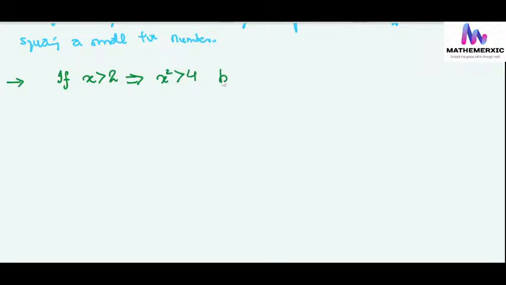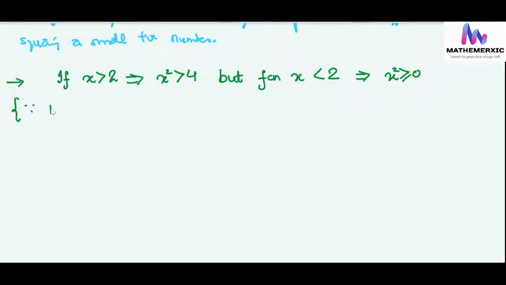But for x less than 2, then x square is greater than or equal to 0, because 0 can be there. It implies that x square is greater than or equal to 0, because of the same magnitude concept.